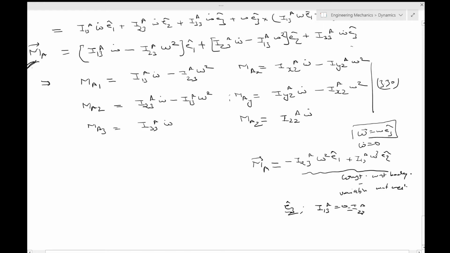This would automatically imply that this term is 0, this term is 0, so MA is equal to 0. So this is important. It tells you that you do not require any moment MA to maintain a motion at a constant omega in the direction of a principal axis of inertia. So it's important, hence I should write it.